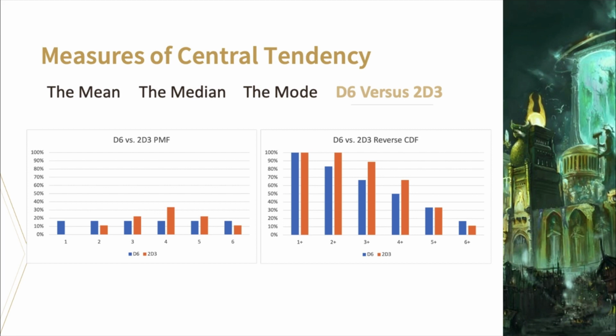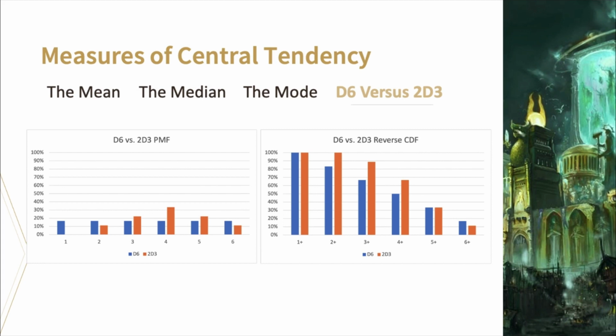So in practical terms, let's say you had two identical spells that each did either D6 or 2D3 mortal wounds, and you needed your spell to do at least 3 wounds on the target. So you know what you need before you start rolling. In that case, while this is 67% likely on a D6, so 2/3, it's all the way up at 89% likelihood for 2D3. So that would be the better choice.